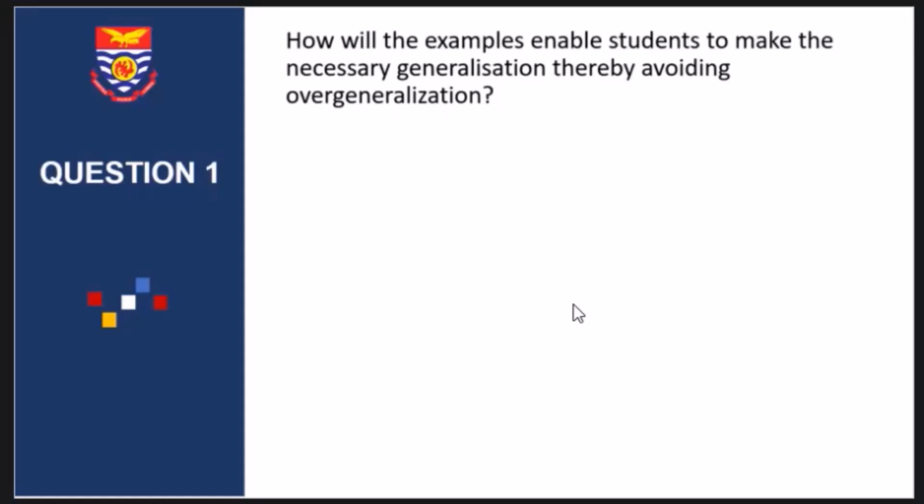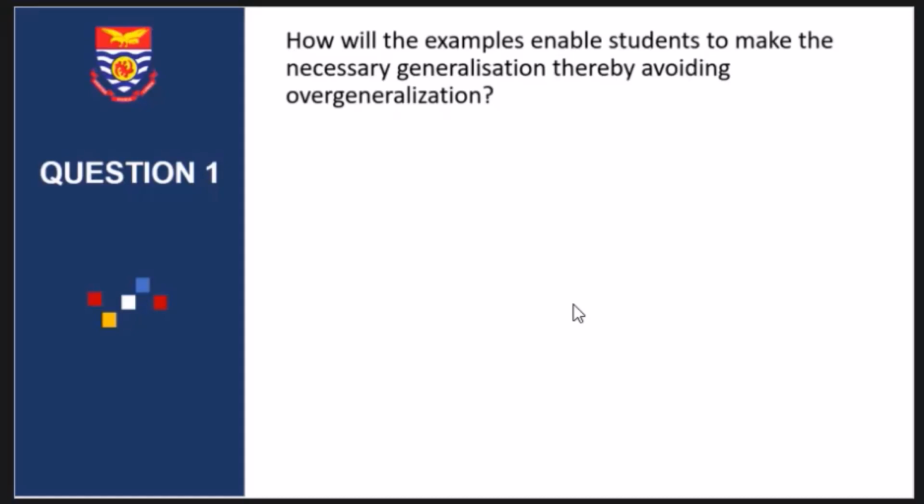In our previous session, we said that mathematics is connected. We should teach mathematics as a connected body of knowledge and not single or separate entities. So the first question we should ask is, how are we going to choose our examples to enable students to make the necessary generalizations?